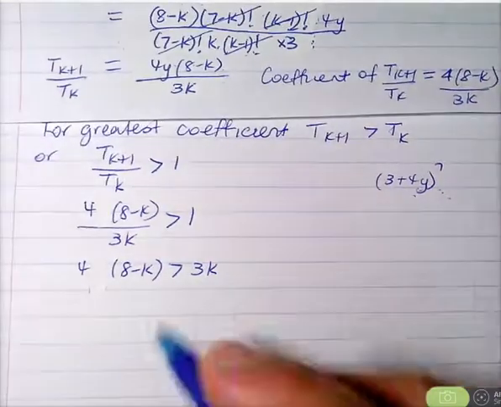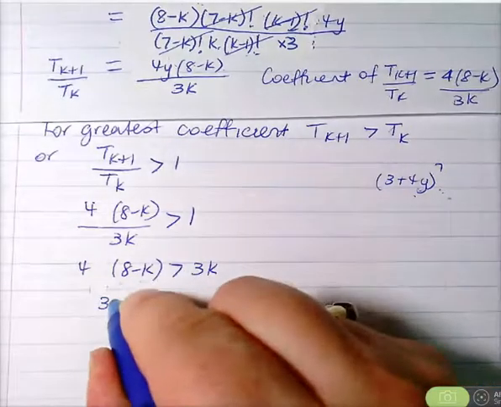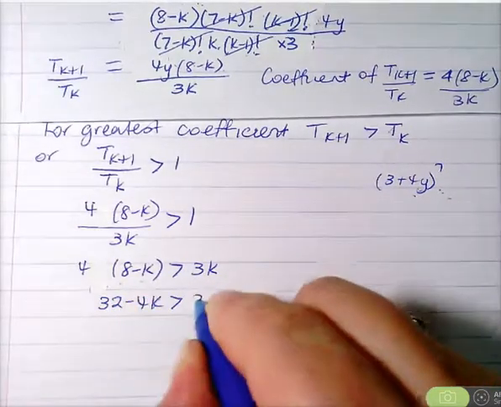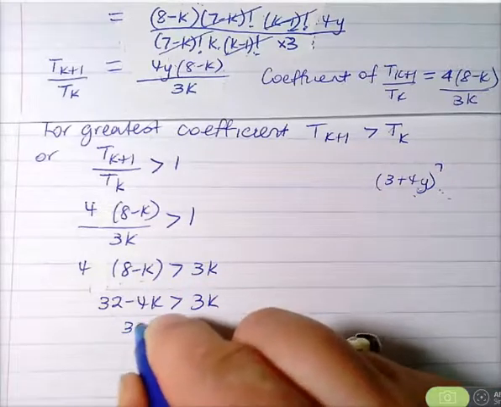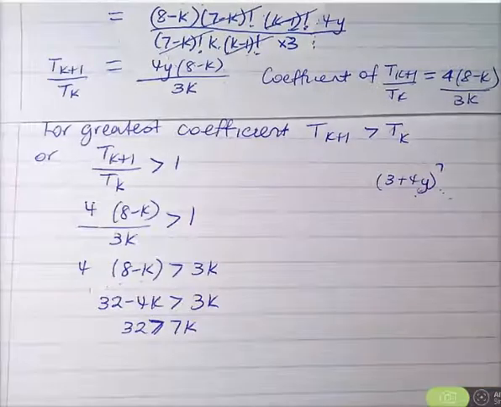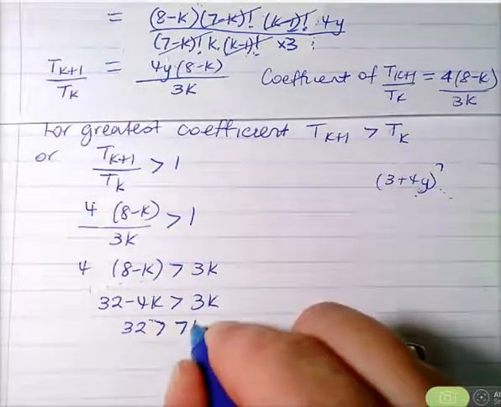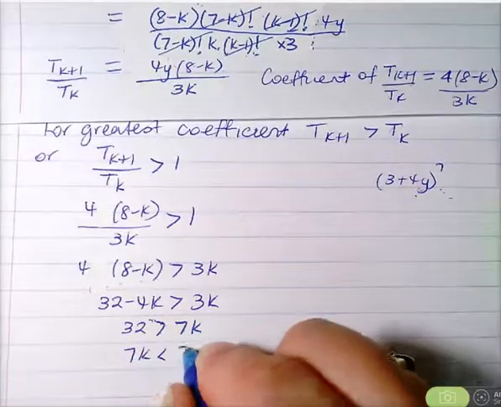Okay, so we've got 4 bracket 8 minus k is greater than 3k. In other words, 32 minus 4k is greater than 3k, which gives us that 7k is less than 32. So we've got 32 is greater than 7k, or 7k is less than 32.